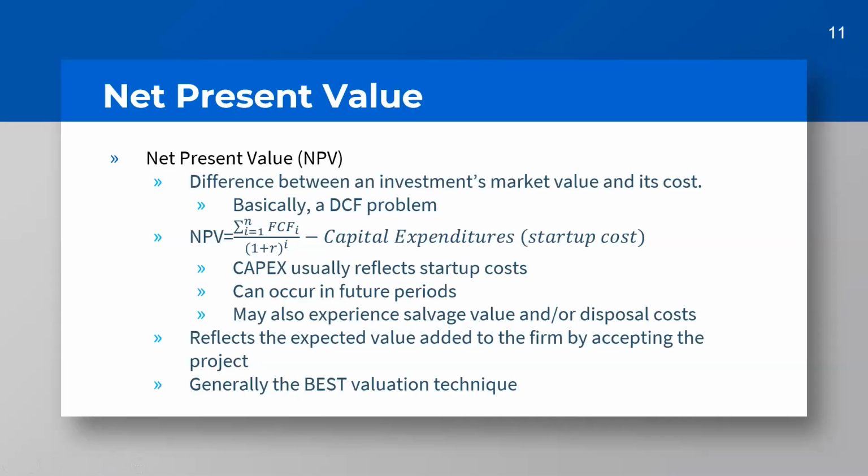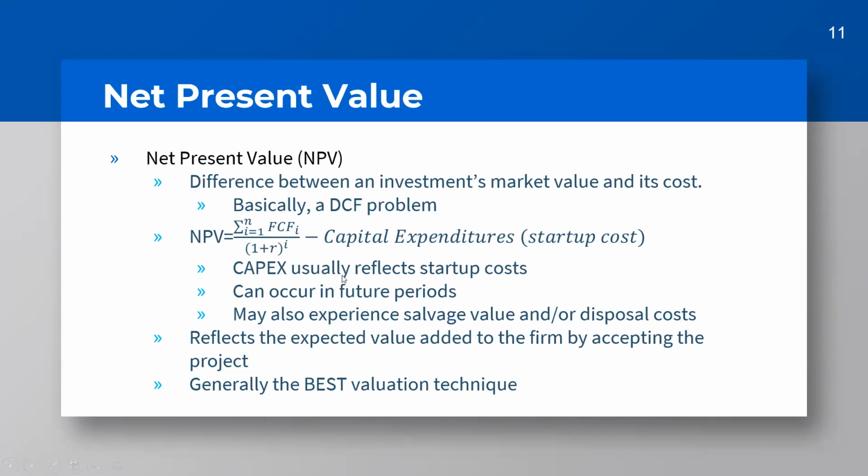All right, so going on to the capital budgeting tools that we're going to be looking at. Net present value is the difference between an investment's market value and its cost. Very simple. This is basically what it says there. It's a discounted cash flow problem, right?